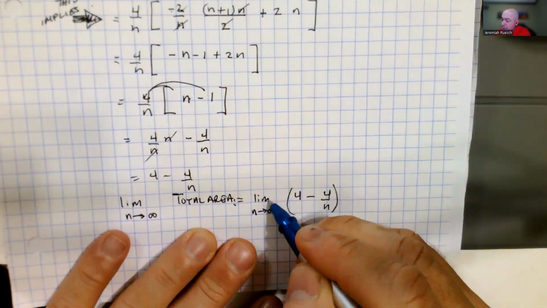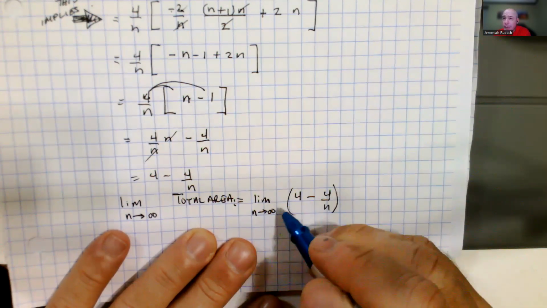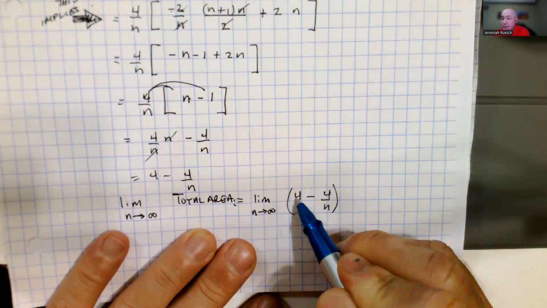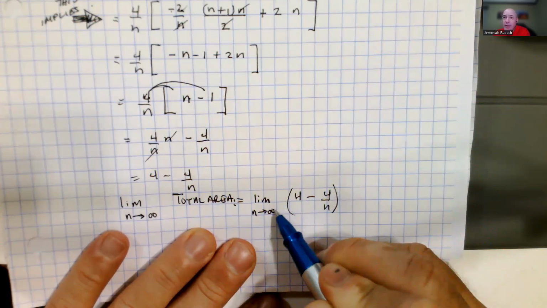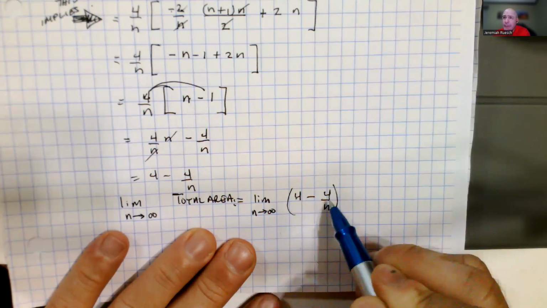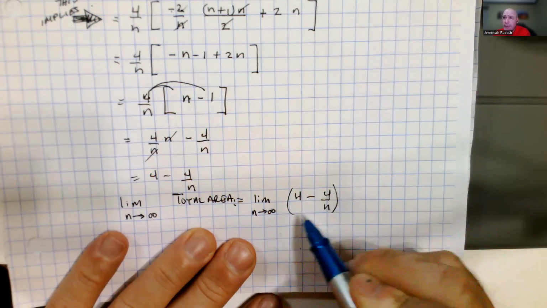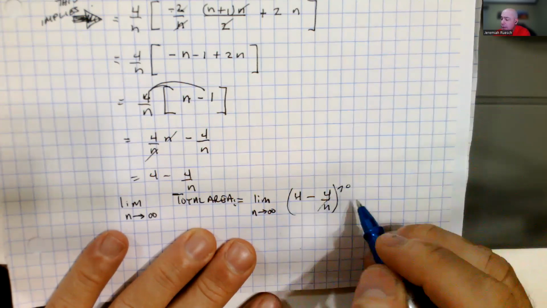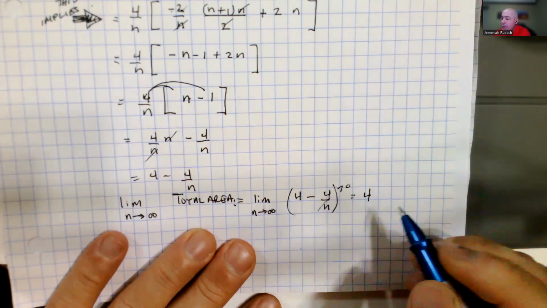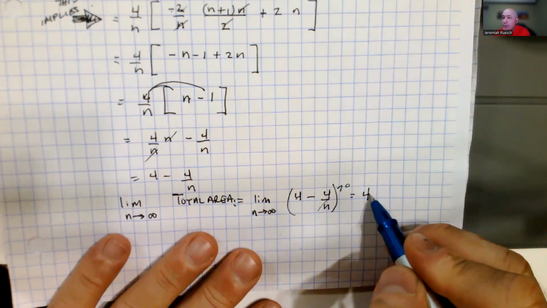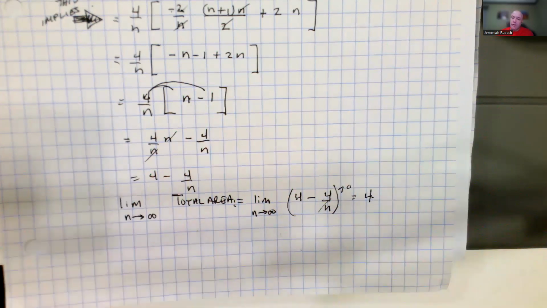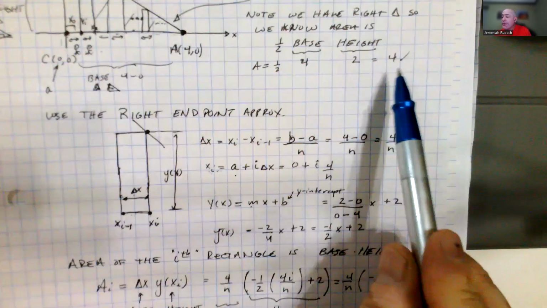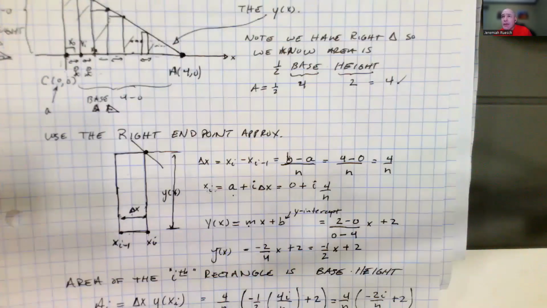Okay. Using the linearity of the limit, right? The difference of limits is the limit of the difference. The constant term here doesn't get affected by the limit, so this is just going to be 4. And 4 over n, as n goes to infinity, this term is going to eventually go to 0, just leaving the constant term of 4. So the total area turns out to be 4, which we saw earlier was the same result from the triangular formula.